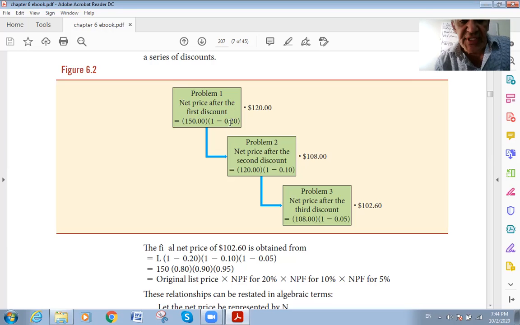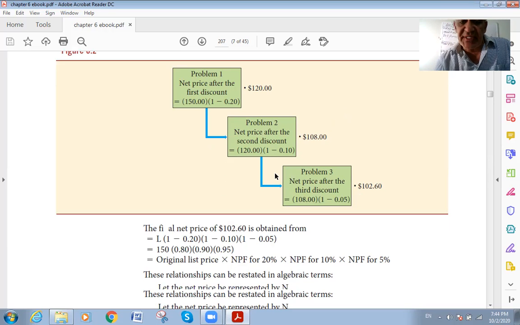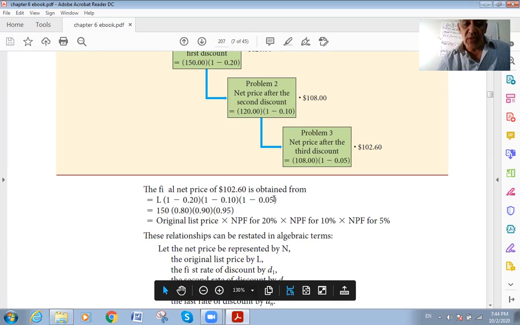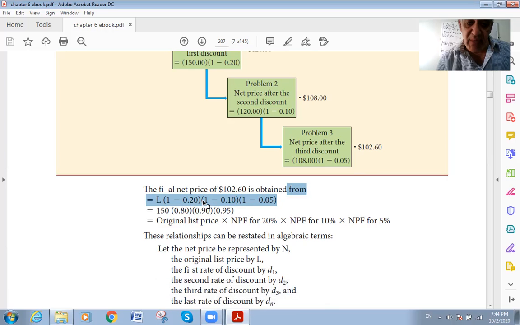So if the discount is 20%, then if I say 100% minus 20%, it will give me the rate of the real price, which is 80%. So when I do this, I will get it in one line this way. Look here, please. And that's what I want you to do. So the list price, L, times 1 minus 20%, which is the first discount rate, multiplied by 1 minus 10%, which is the second rate, multiplied by 1 minus 5%, which is the third rate.